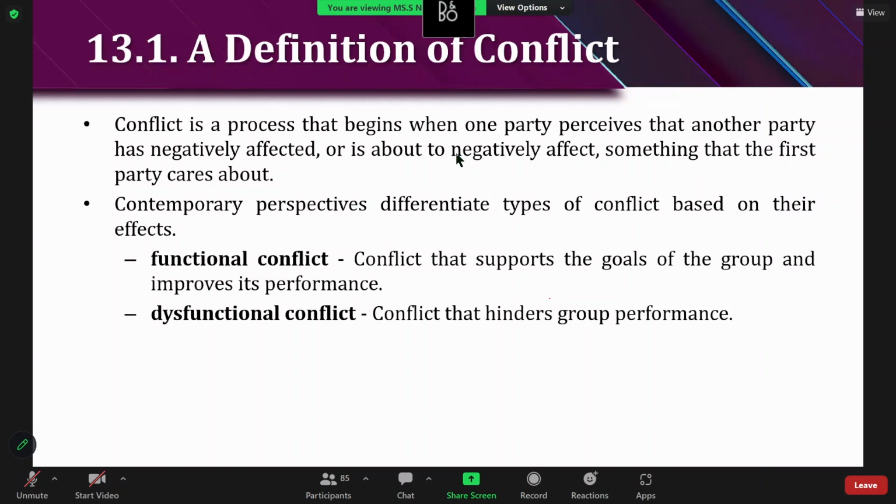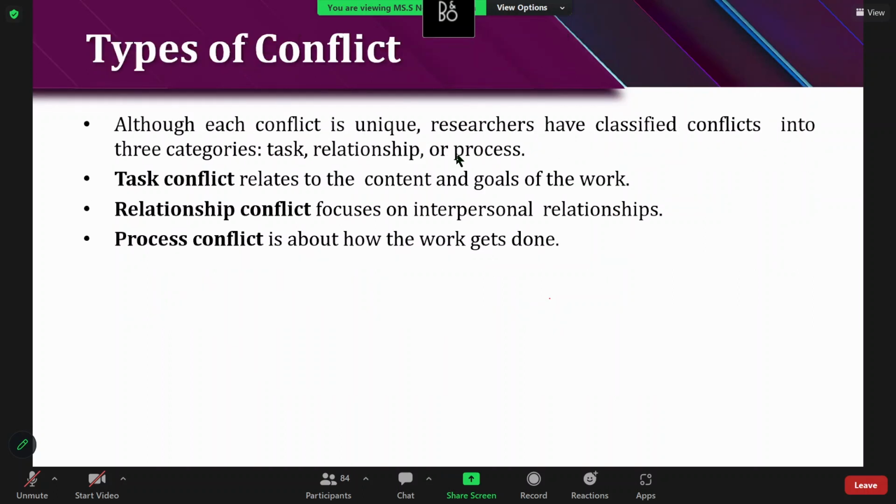That is called dysfunctional conflict. Okay, so this is the categorization of conflict based on its effect: how it affects the performance, whether positively or negatively. If it is positively affecting, we can call it functional. If it is negatively affecting, we can call it dysfunctional conflict.